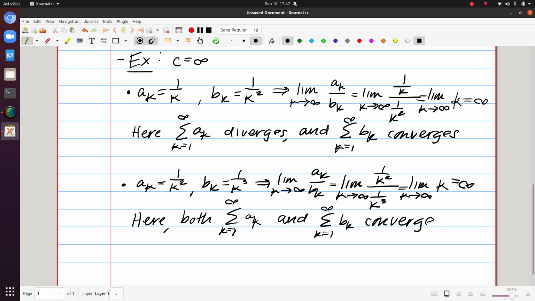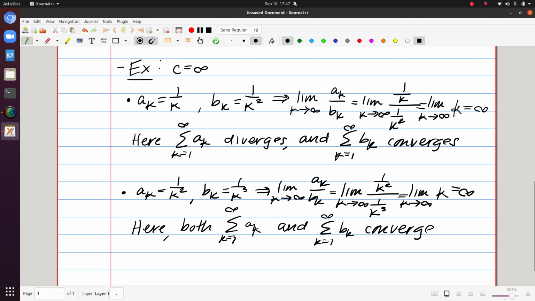So the point of this example is to show that we have an instance where the limit is infinity, and in this first example, the series behave differently. One converges and the other one diverges. In the second example, the limit is infinity, but the series behave the same. They both converge.